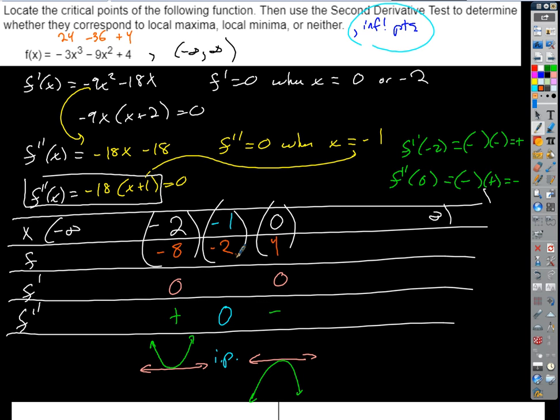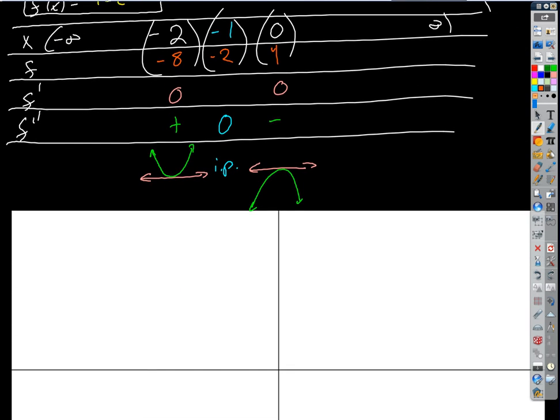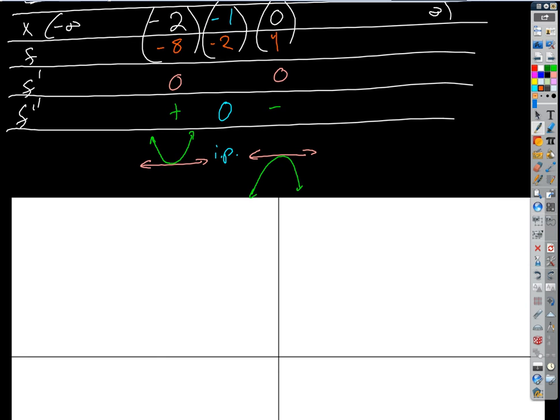And if we wanted to summarize this whole table real quickly, all we'd have to do is locate those points. So 0, 4, negative 1, negative 2.